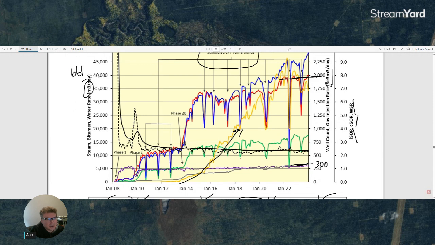Okay, let's address your question. Wet steam has lower usable heat energy than dry steam. Yeah, that's a good comment because it's really a function of steam quality. If you have lower steam quality, you have lower heat transfer to the pay of the reservoir, and therefore by definition lower enthalpy.